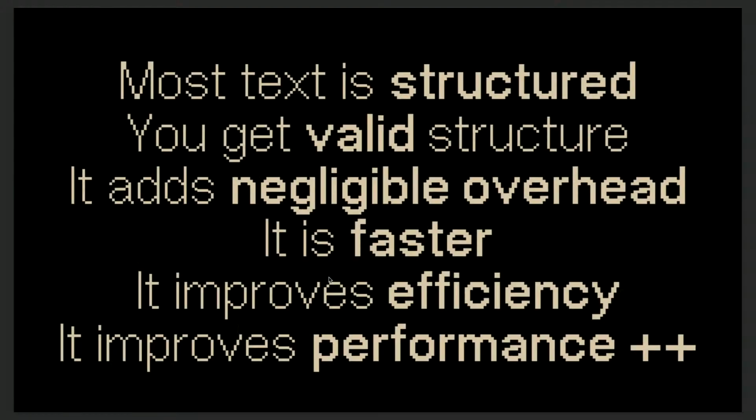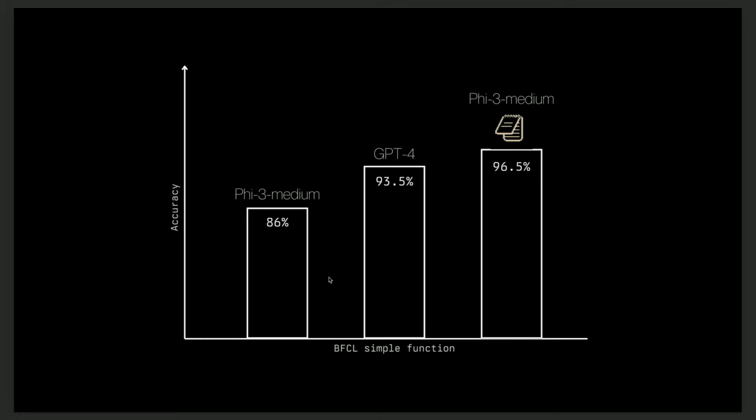And the last one, which after faster, a lot of people care about here, is that it does improve the performance of open source models. Here, what you're looking at is the Berkeley function calling leaderboard simple function benchmark, and we'll look at the accuracy. The first thing we did is that we took Microsoft's Phi-3 medium model, which is a small model, and we looked at its accuracy without structure generation.